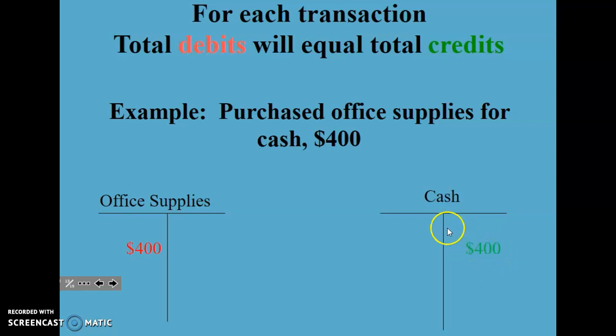Our accounting equation is still in balance. Remember, assets equals liabilities plus owner's equity. So we increased an asset and we decreased an asset. We're still in balance. Our debits equal our credits. You have to do that for every transaction.